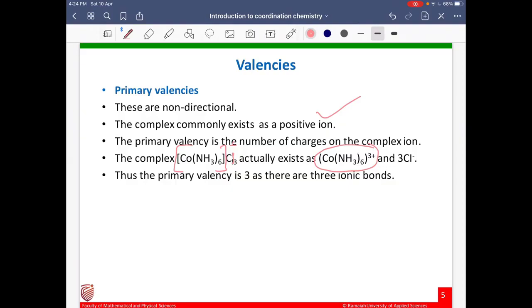So we can see that the portion in the square bracket will be a single ion, and the remaining are 3 chloride ions. Here, the negatively charged chloride ions, 3 chloride ions, are there. So we call the primary valency for this compound 3 because it has 3 ionic bonds.